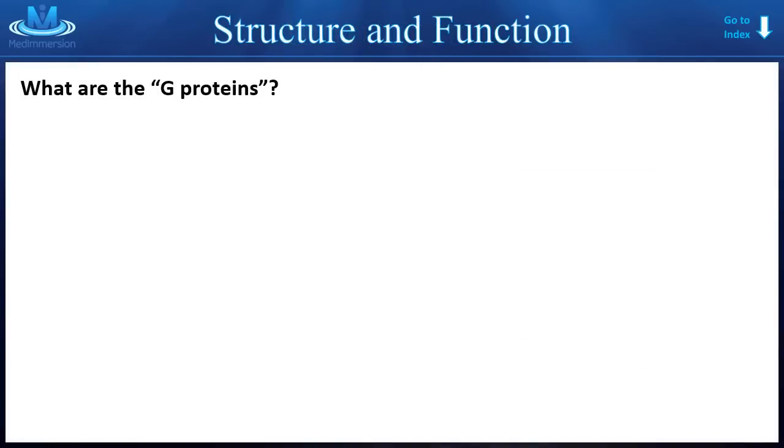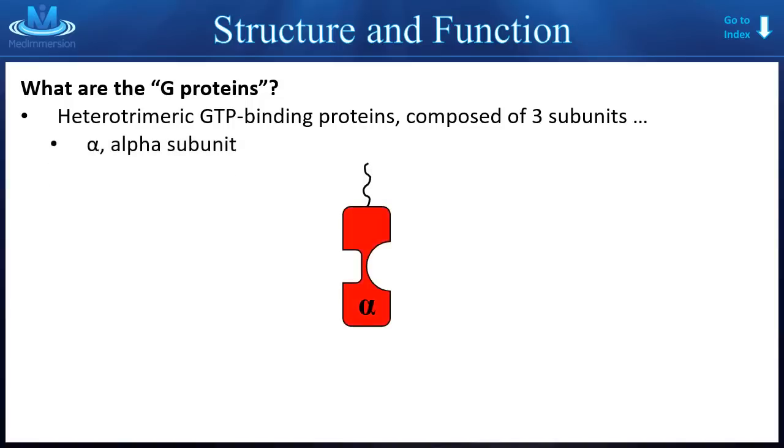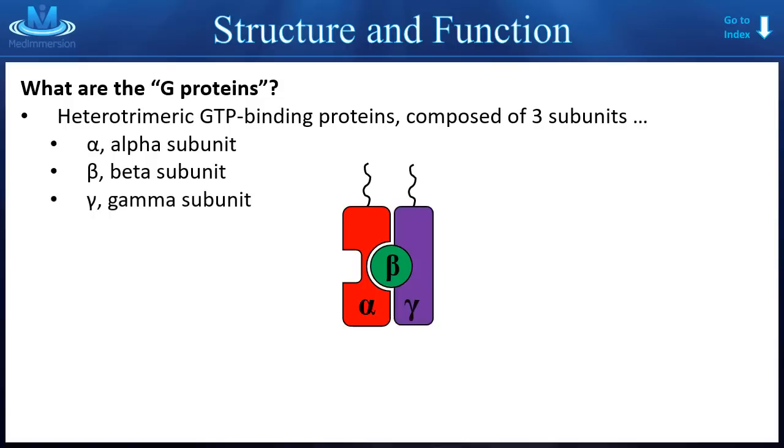So I told you that I was going to break down the names so that you can understand the concepts a little bit better. First off, what does the word G proteins mean? Well, the G proteins are a component of this receptor system. The G proteins are heterotrimeric GTP binding proteins made of 3 subunits, hence heterotrimeric. First there's the alpha subunit, then the beta subunit, and then the gamma subunit.